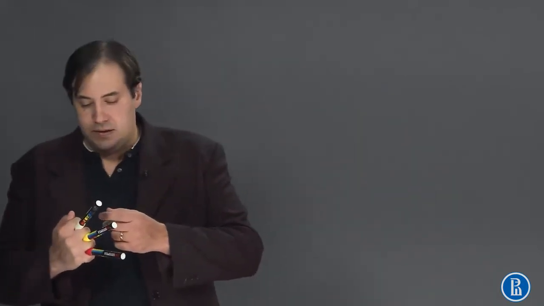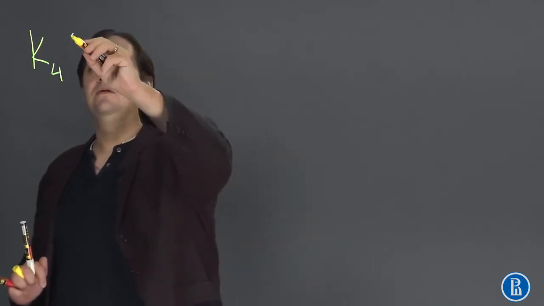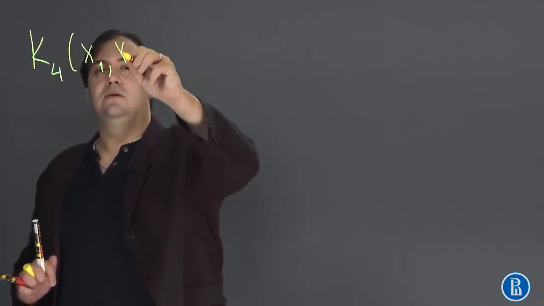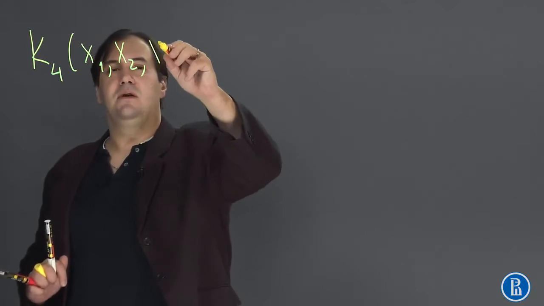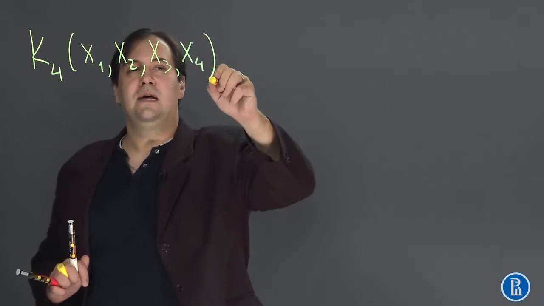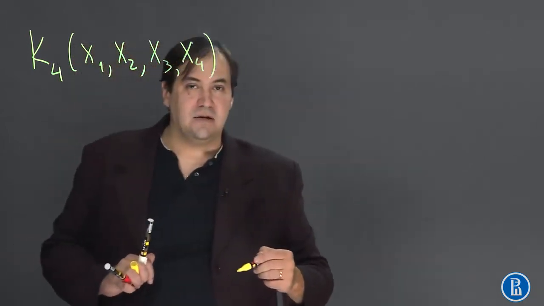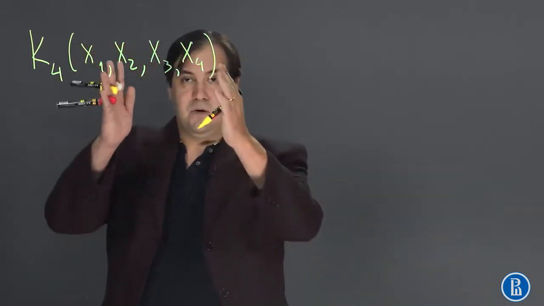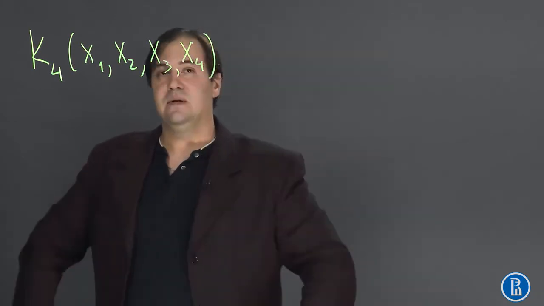So first, let's consider a certain example of a continuant. Say continuant of order 4. Variables are x1, x2, x3, and x4. And this index here always denotes the number of variables in the continuant.